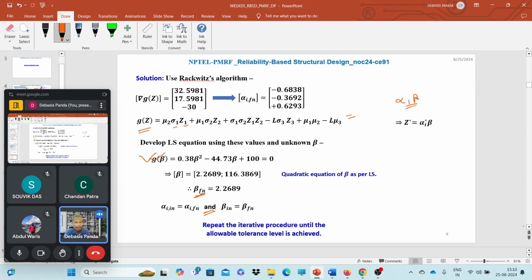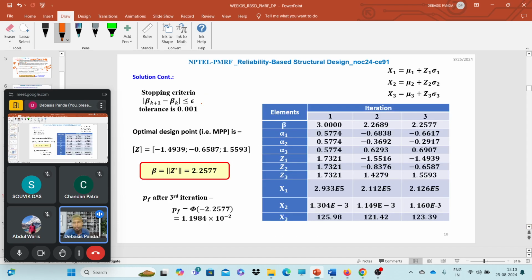Here we have seen that if we put the stopping criteria tolerance as 0.001, after the third iteration we will get convergence and we will get beta as 2.2577, right? Corresponding to that beta we will find the z values, because once we have found beta we can identify the direction cosines related to it.